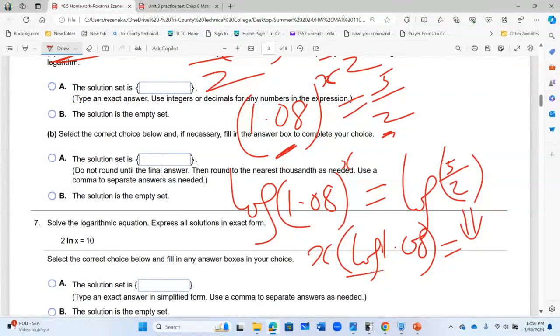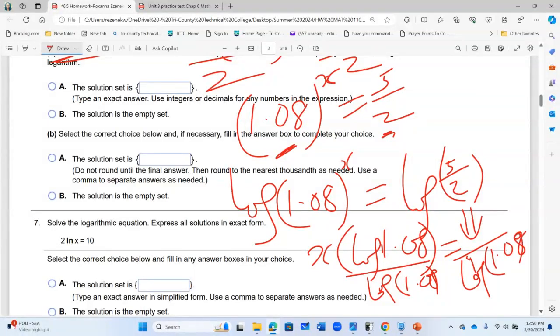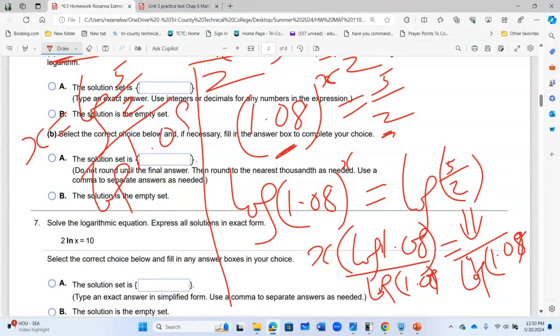So divide both sides by log of 1.08. And so I can now finish up on the left-hand side. All right, so x is equal to the log of 5/2 divided by log of 1.08. I will get my calculator.